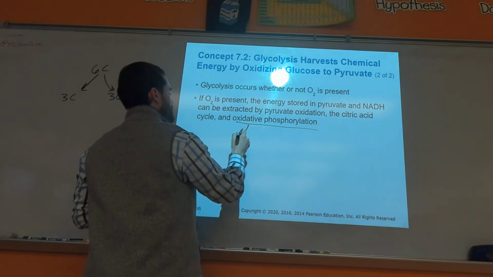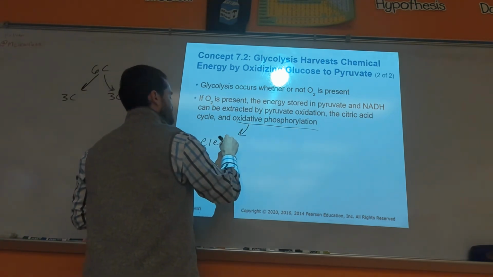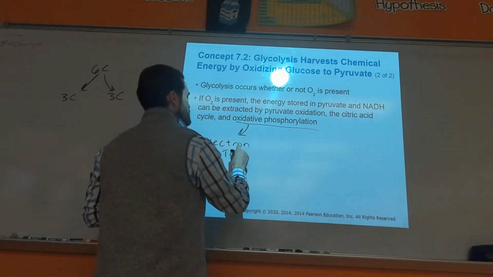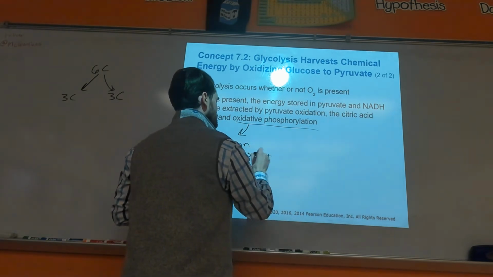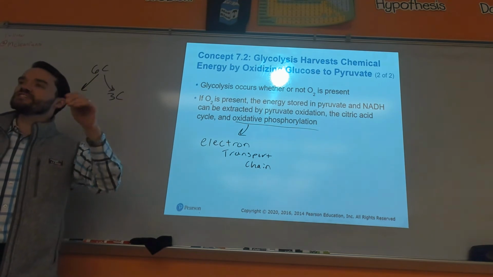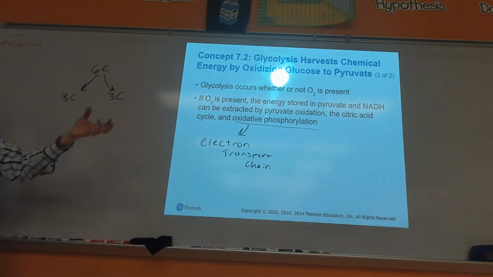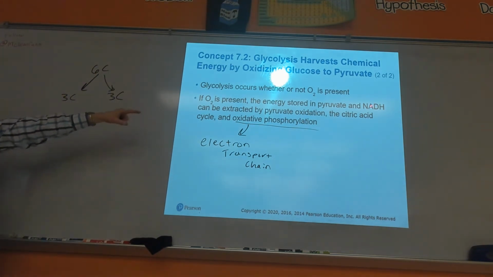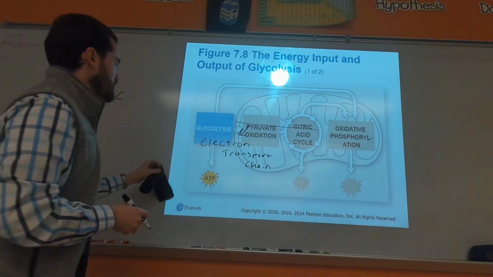That's where we get into the electron transport chain portion of things. This is where you do the controlled release of all those electrons that you get from the NADH. Okay. All right.